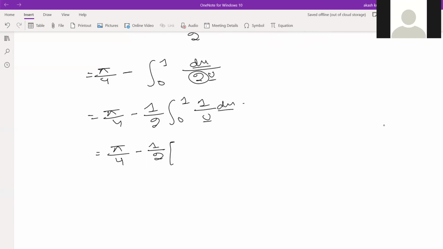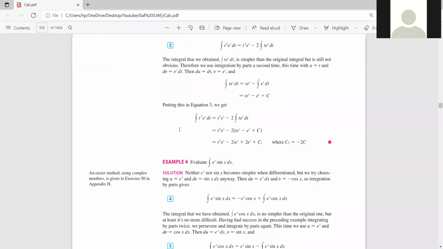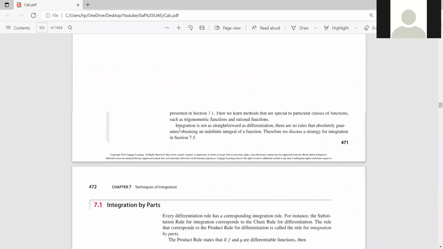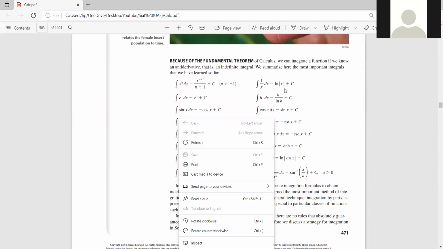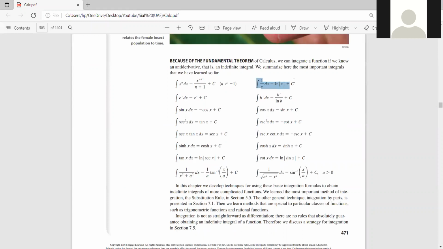Let's find the integral of 1 over u. The function we know is 1 over x dx, and here we have 1 over u du.